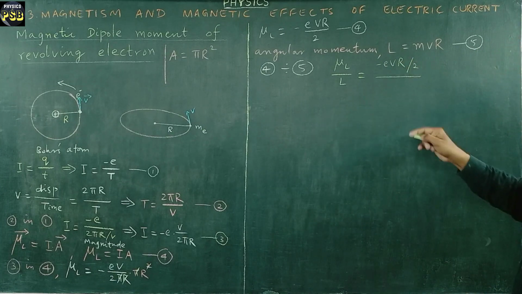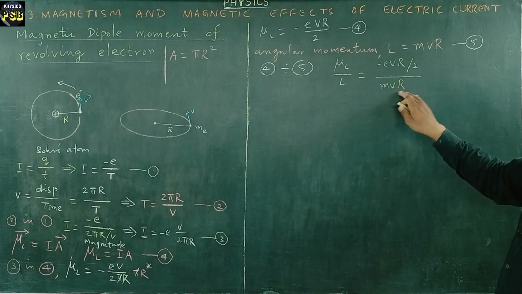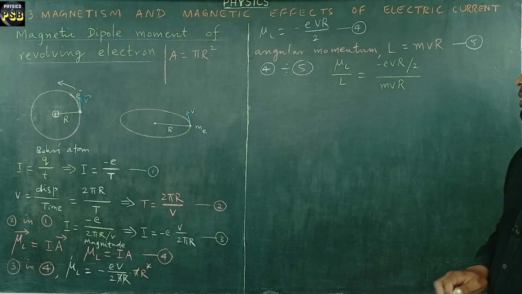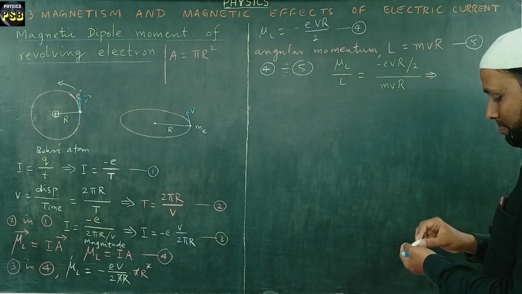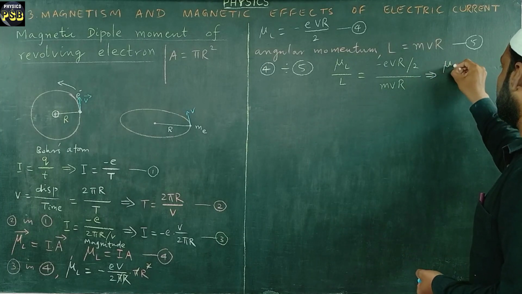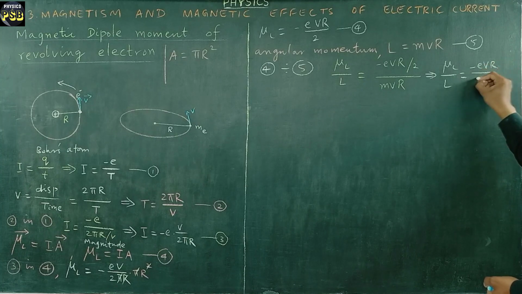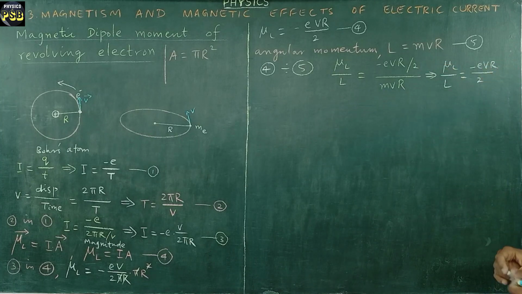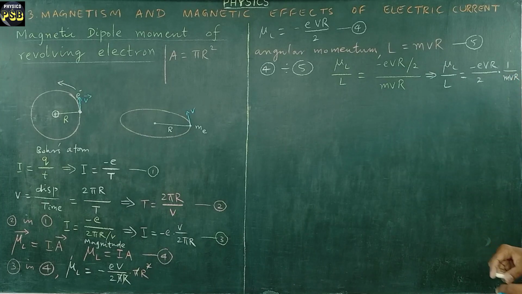The whole term is divided by m v r, which stands for angular momentum. So this can be written as mu L upon L equals minus e v r divided by 2, multiplied by 1 upon m v r.